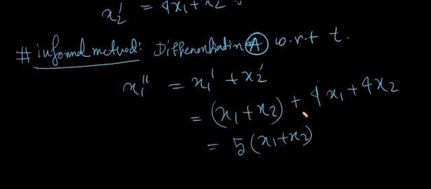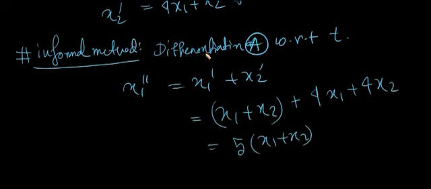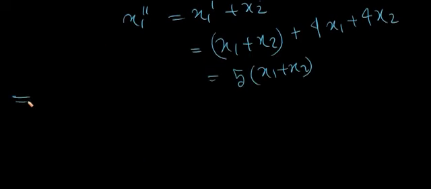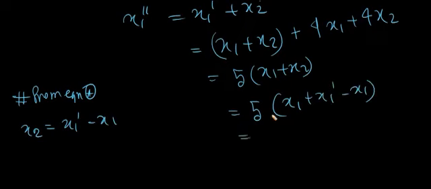So how can we get rid of that? It's pretty simple. You just take a look at equation A, and if you solve for x2, you can easily see that x2 is simply x1 prime minus x1, and now you can put this over here. So x1 plus x1 prime minus x1, right?